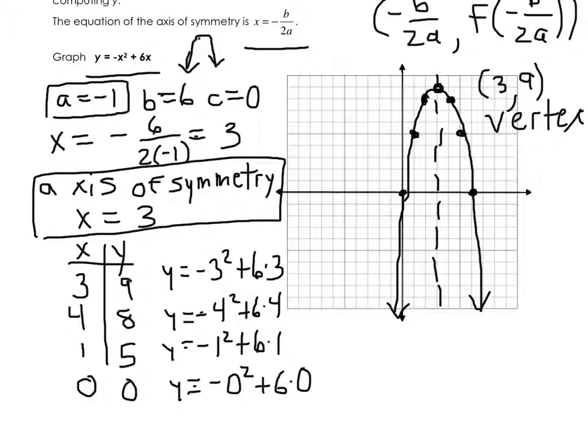I'd like to point out a couple of other things. Look at these points. You have 2 points here, this one and this one. That's where the parabola crosses the x-axis. These points are x-intercepts.